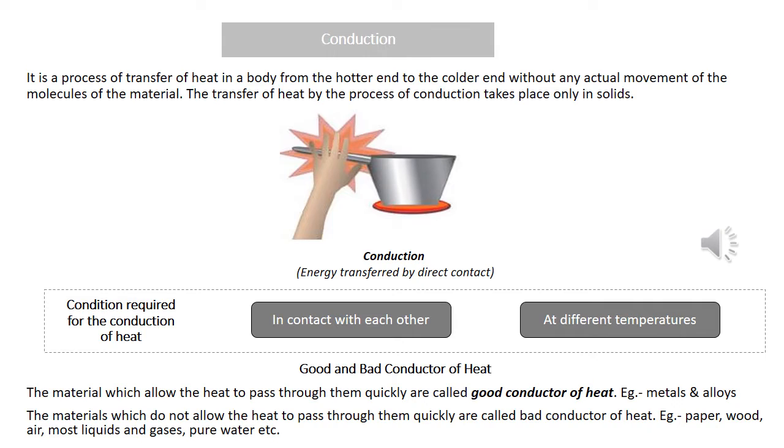But for conduction, two conditions are necessary. Which two conditions? First one is, two objects should be in contact with each other. Two objects means like I kept here, see in the figure, the pan is in contact with the gas flame, isn't it? Both are in contact with each other.